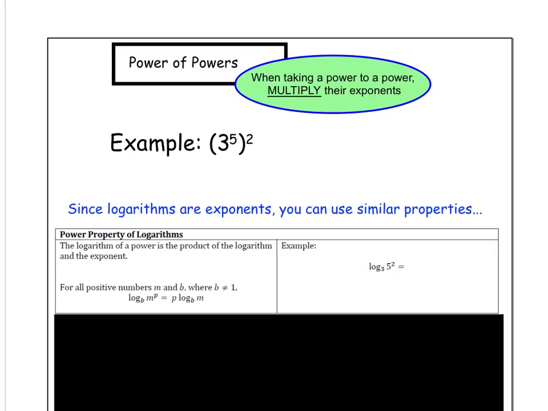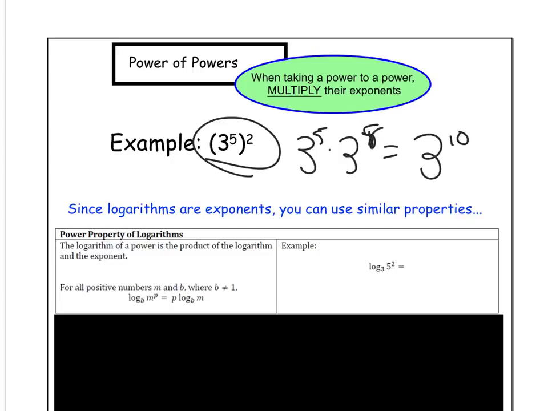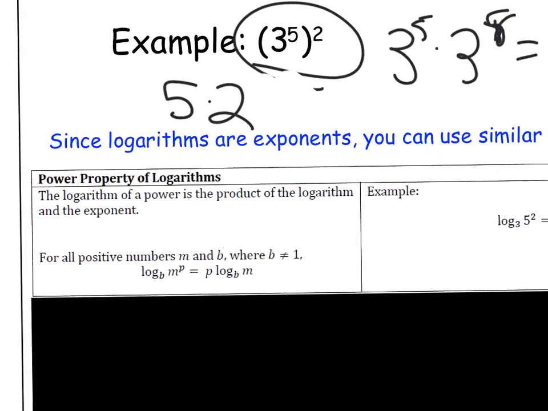Power of powers. Basically, remember, this is where you would actually multiply. So that's 3 to the 5 times 2, which is going to give me 3 to the 10th. That's where my answer is. So now, how does that work for logarithms?